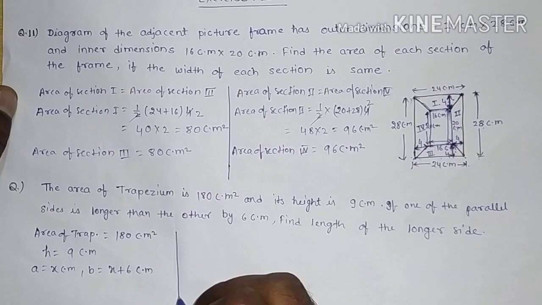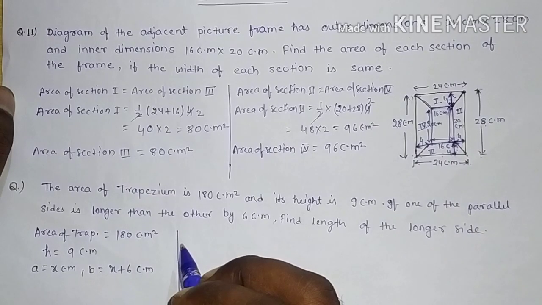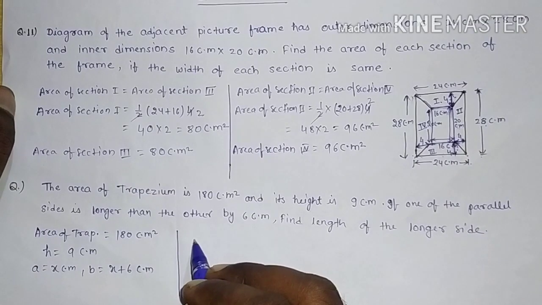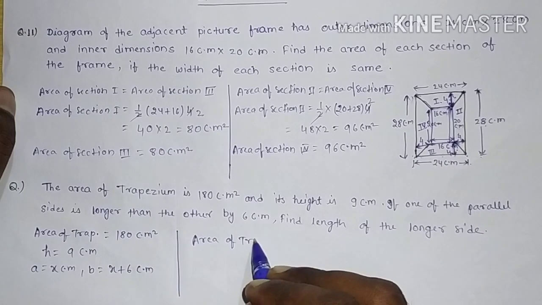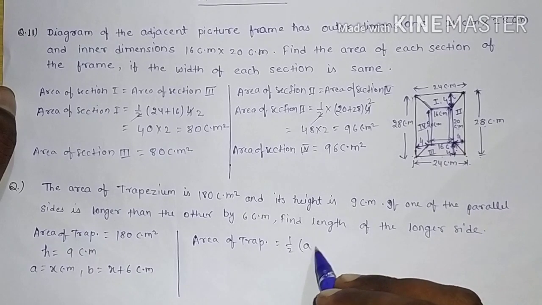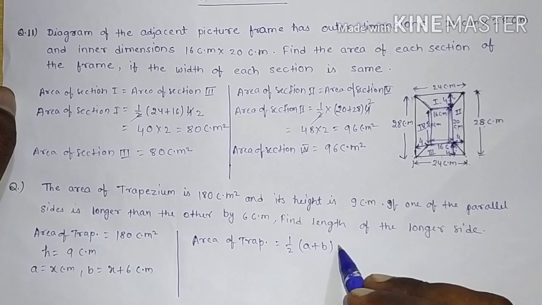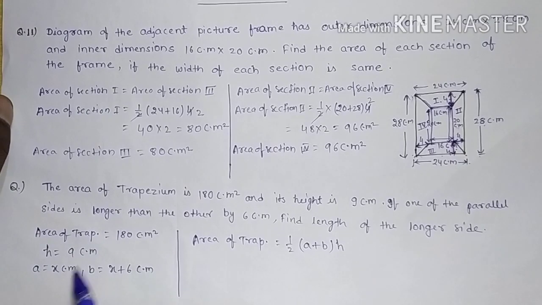Let's write down the formula of the trapezium: area of trapezium equals half into the sum of parallel sides, that is a plus b, into h, the height. Now put in the values.